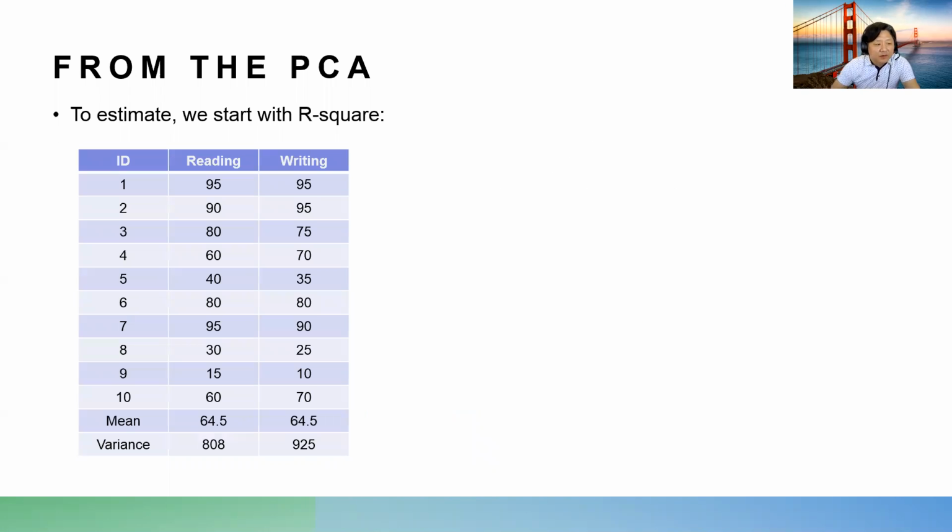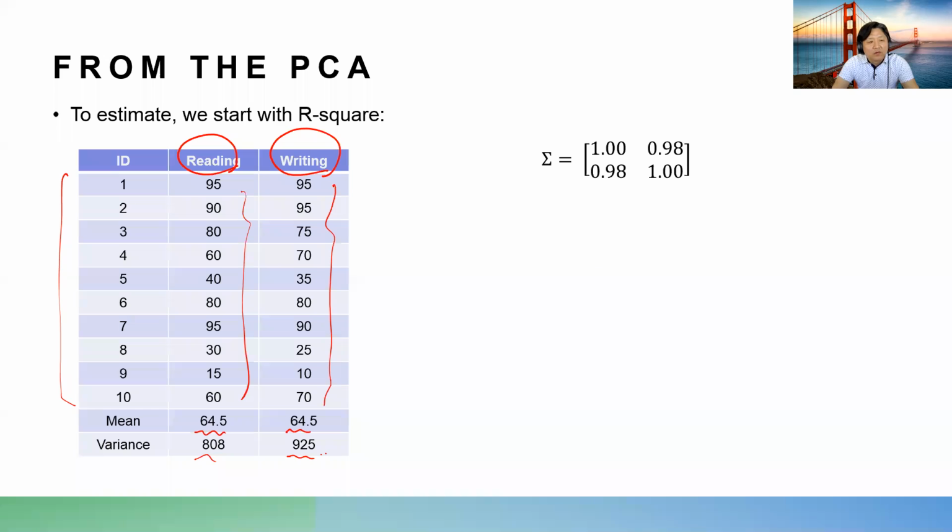Here is an example. We have 10 students with a reading score and a writing score. Here is a mean and here is a variance. They have the same mean but different variances. I just made it up, so it's a really simple example. First I got the correlation between reading and writing. The diagonal is 1, and this is the correlation between reading and writing.